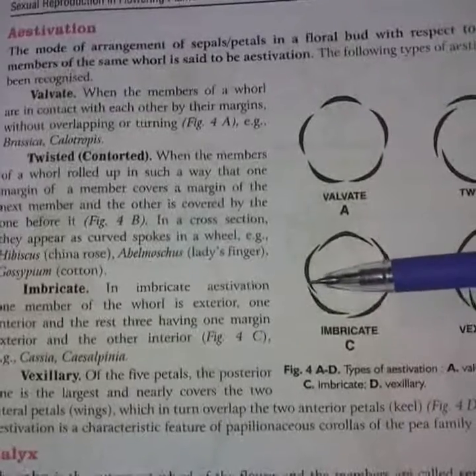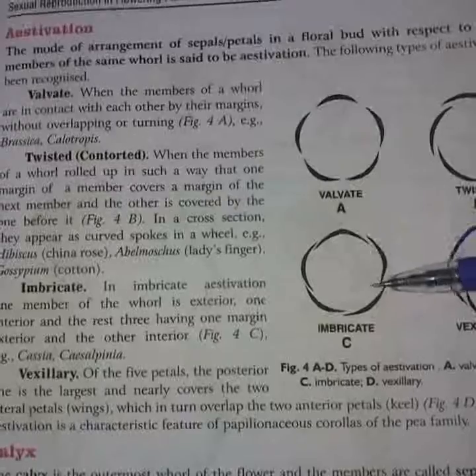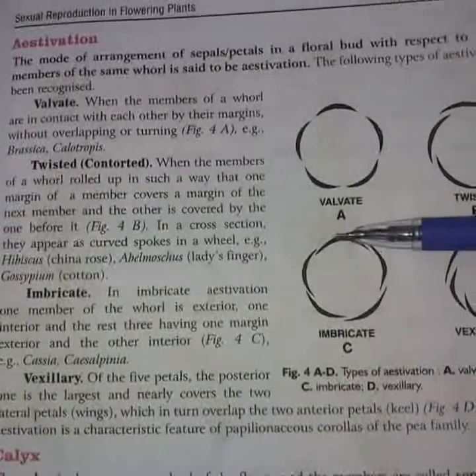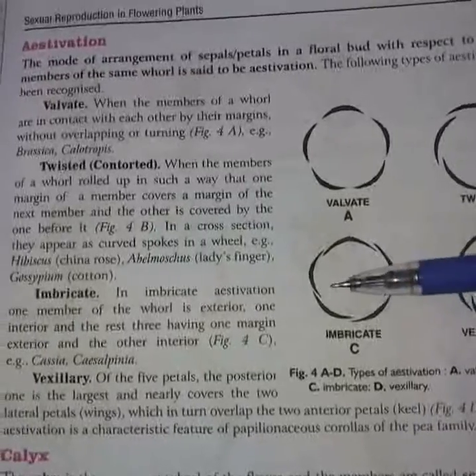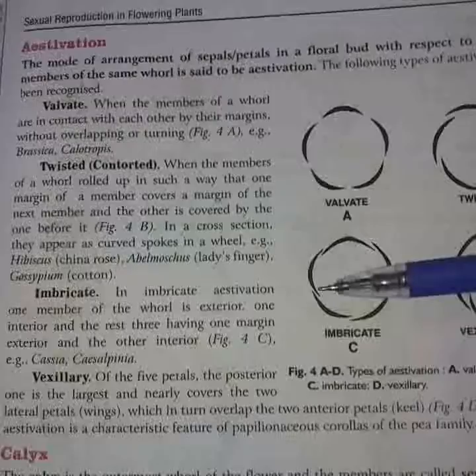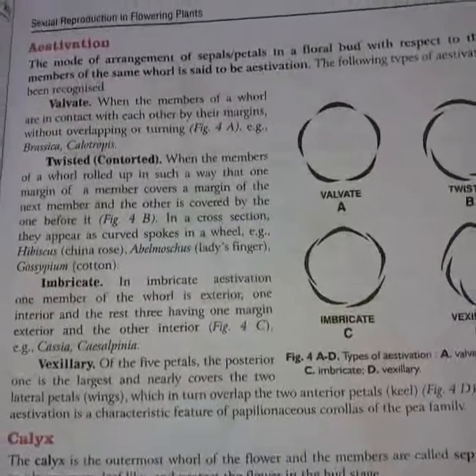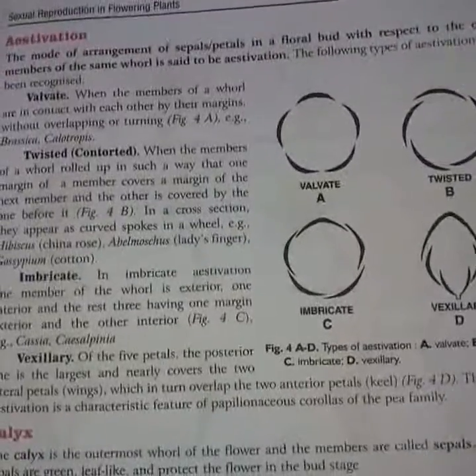One is overlapping and the other is inner. So one margin is inner, one is outer, and the next three overlap each other on one side and are free on the other side. This type of estivation is called imbricate estivation.